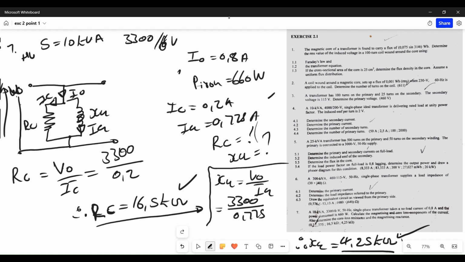You must check if the percentage of the secondary and the primary side are between 2% and 12%, to be sure on which side you are going to perform your calculations. It's very important, because without doing that, you will never answer the question. That's how you answer the question.